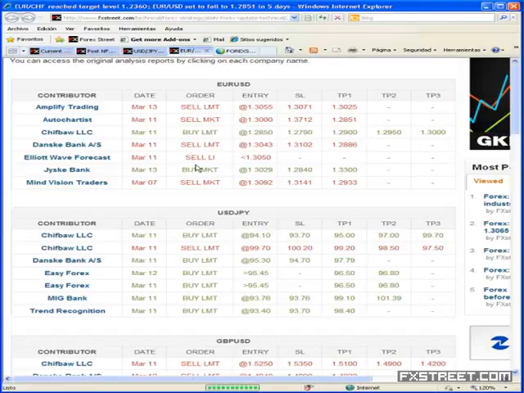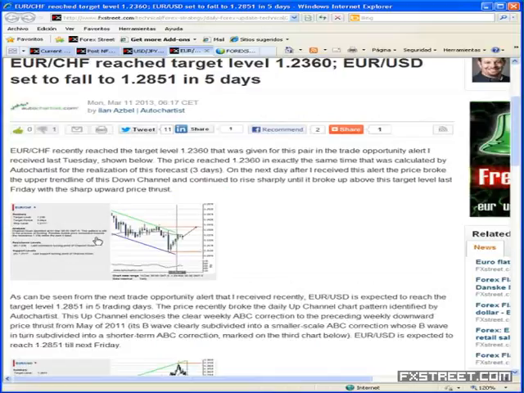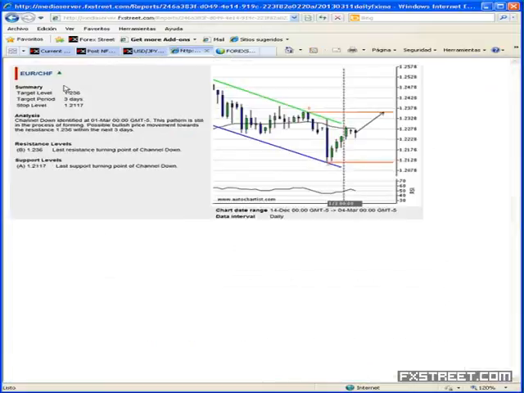And here the information has to be extracted either from a price chart or from the text itself.